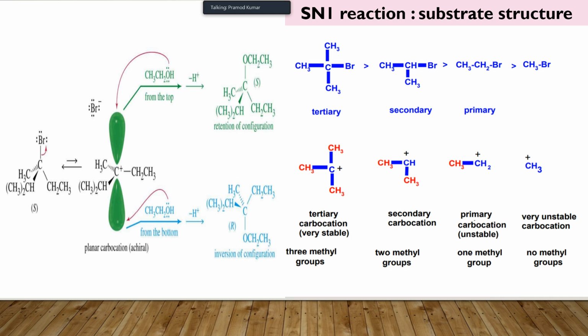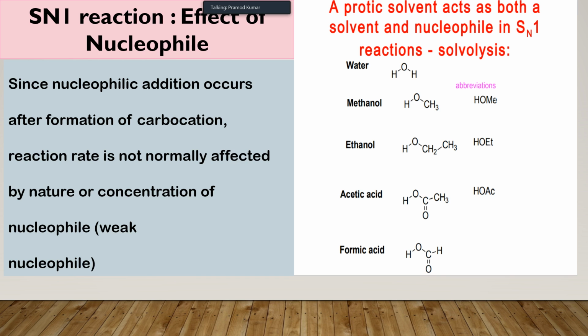So as the methyl substitution increases, the positive inductive effect increases, and that stabilizes your carbocation. Tertiary carbocations are more stable than secondary, primary and methyl, and this favors the reaction. So more substituted alkyl halides will undergo an SN1 mechanism rather than an SN2 type of reaction.